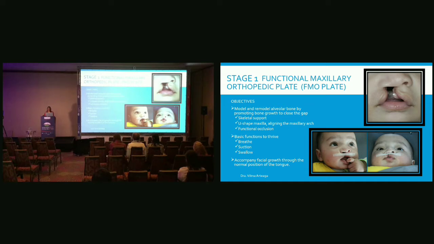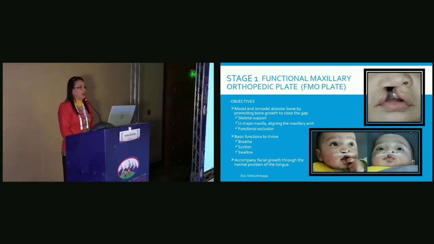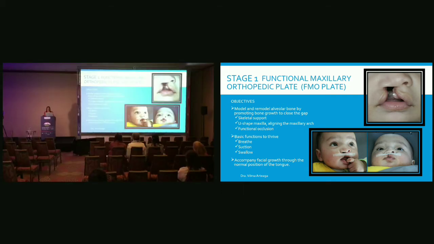We will also give the patient a U-shaped maxilla by aligning the maxillary arch. And of course, one of the main objectives of this first stage is to give the baby a functional occlusion even during the primary dentition. Another goal is to give back the baby the basic functions to thrive, which are breathing, suction, and swallowing.